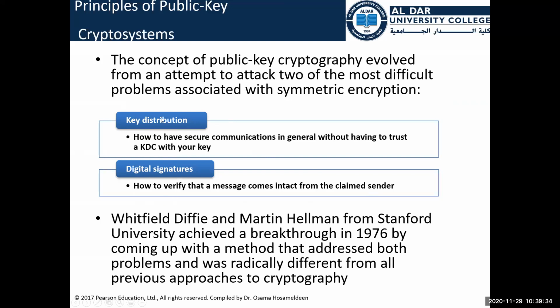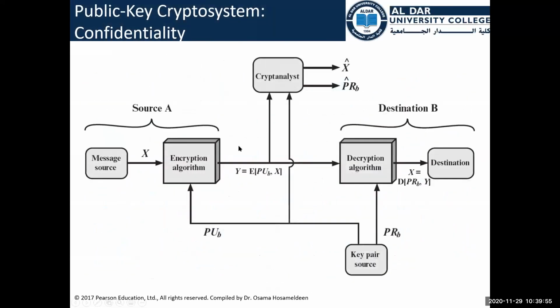If you use the other party's public key, you are using some kind of encryption, and if you are using your private key, you are using some kind of digital signature or authentication. So two different schemes, and we have introduced those two schemes here.